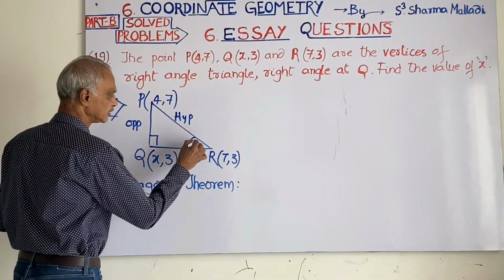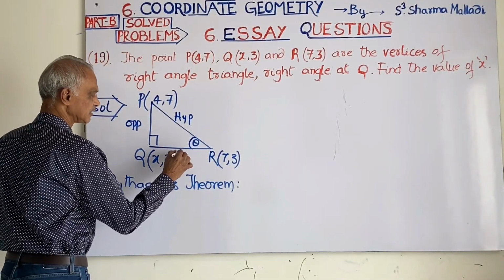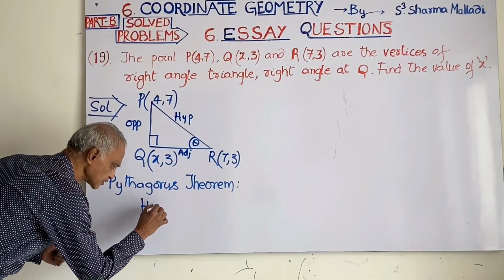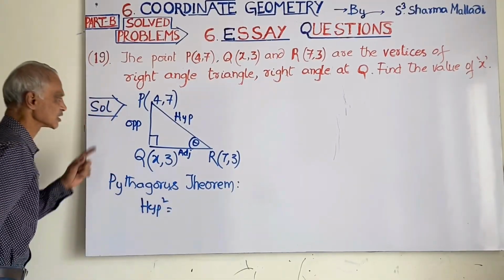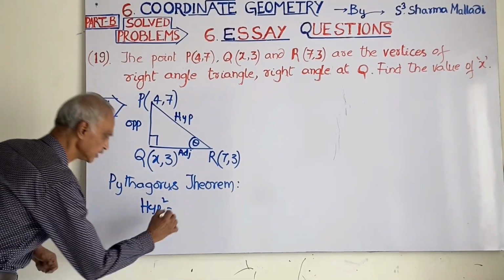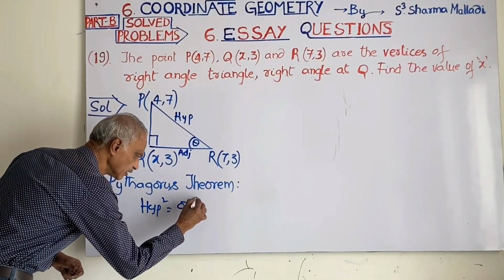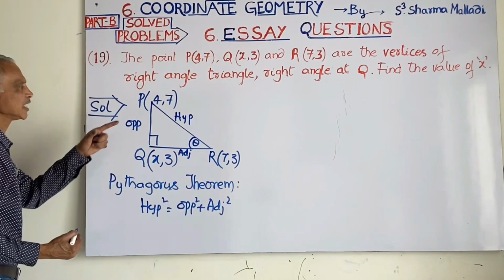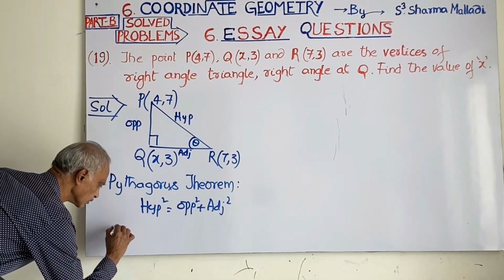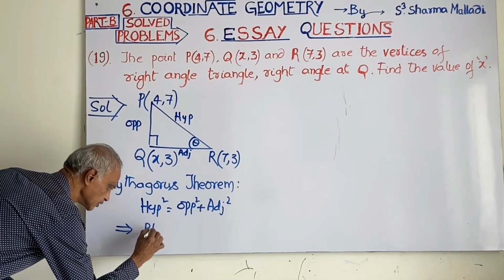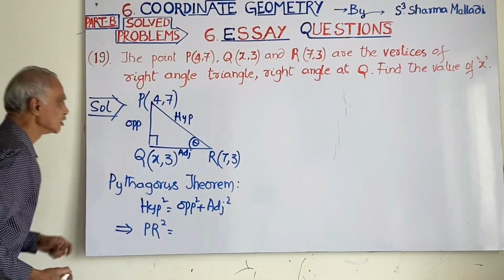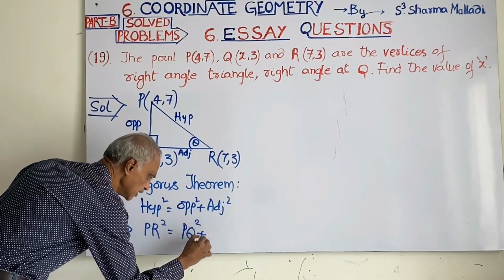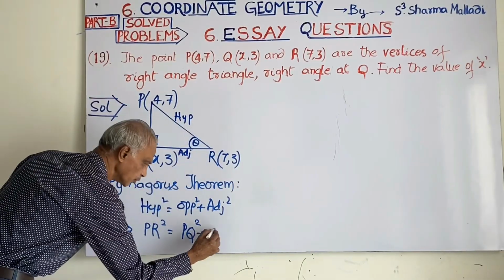This is theta and this is adjacent side. Square of the hypotenuse is equal to opposite side square plus adjacent side square. What is hypotenuse here? PR. PR square is equal to, what is opposite side square? PQ square plus, what is adjacent side? QR square.